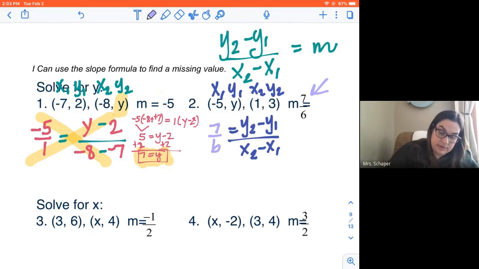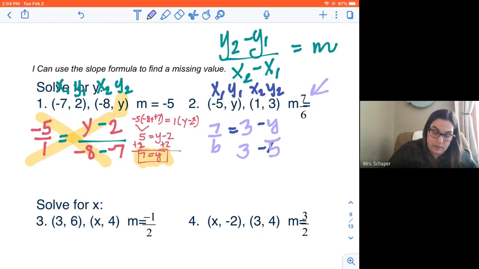Y sub 2 is 3, so I'm going to put a 3 here. Y sub 1 is y. X sub 2 is 3. And x sub 1 is negative 5.